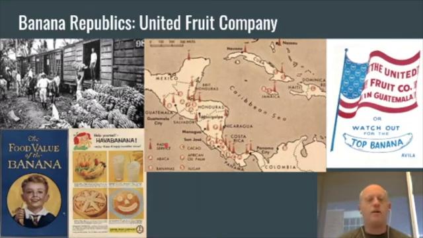These kinds of things were going on through the 1960s and even the 1970s. The Chiquita Banana Company is actually the descendant of United Fruit when it was broken up at least a little bit into smaller companies in the 1960s and 1970s.